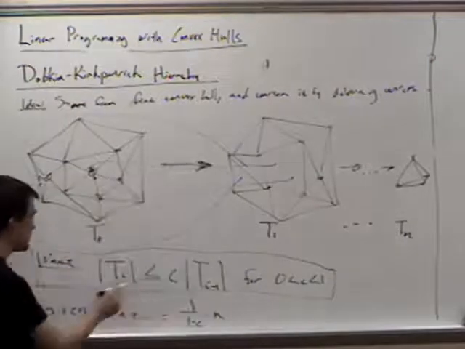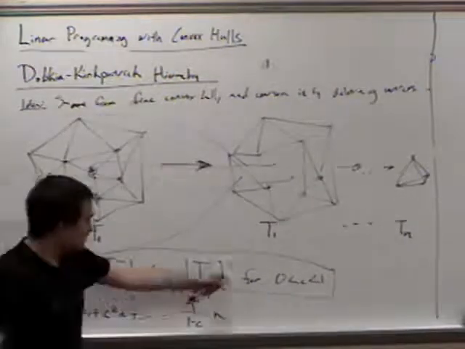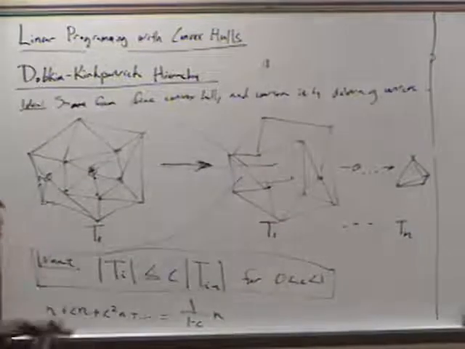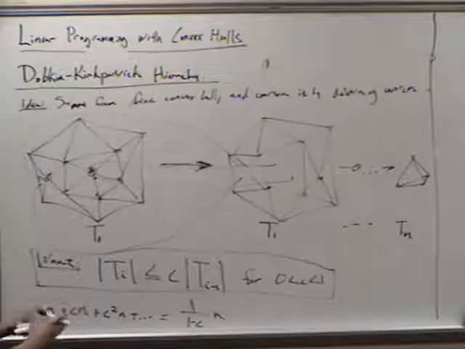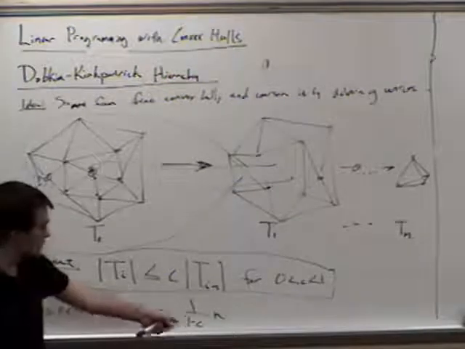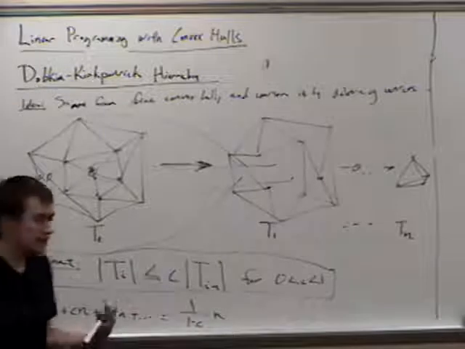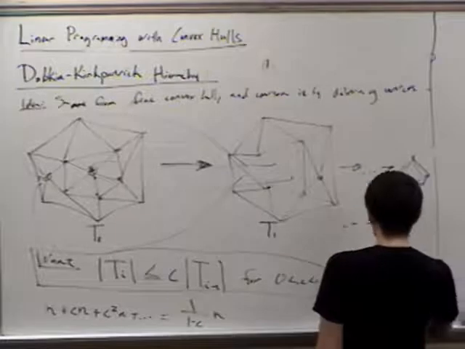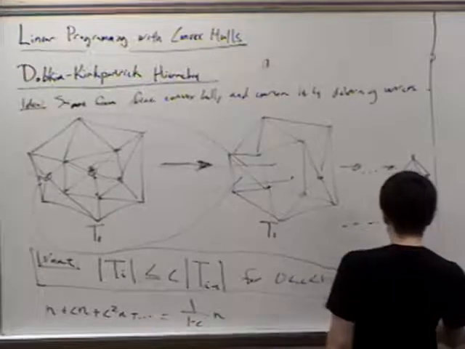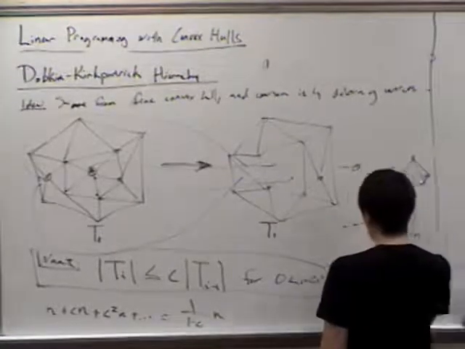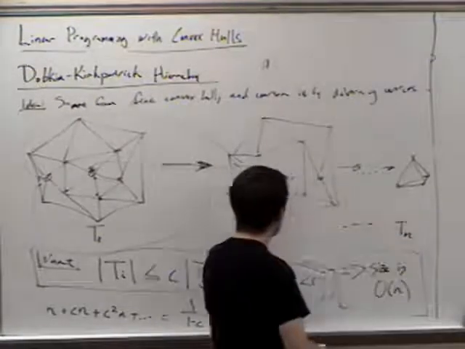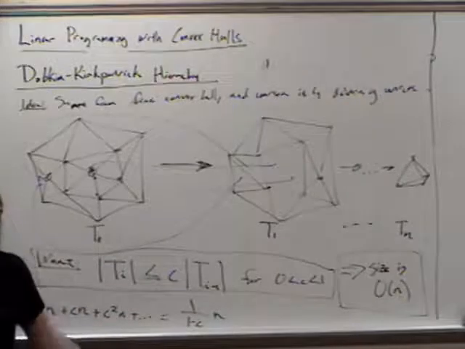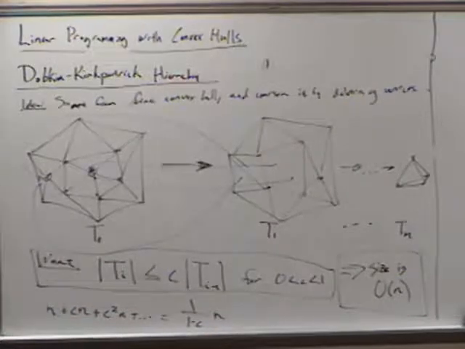So if this is true, then the total number of nodes in this entire tree of triangulations is order n, because c is a constant. So what this implies is the size is order n. And even better yet, if we can select these vertices to delete in linear time, it'll actually take only linear time to construct this whole crazy triangulation data structure.